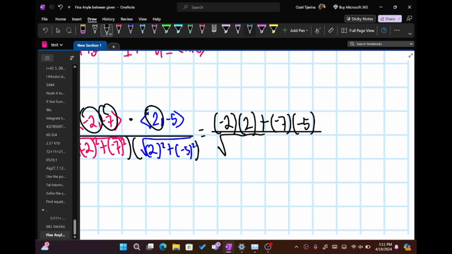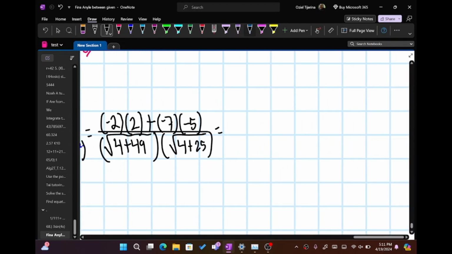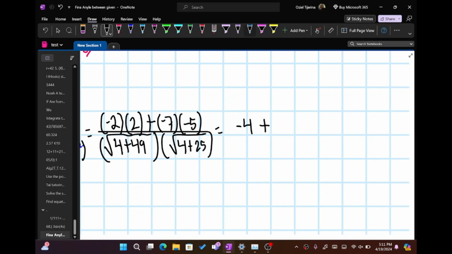Over the square root of 4 plus 49 times the square root of 4 plus 25, which is really -4 plus 35 over the square root of 53 times the square root of 29.